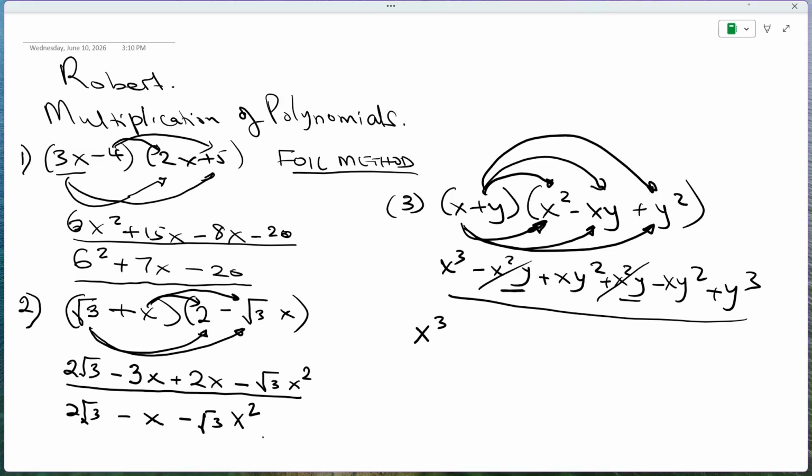And then we have plus xy squared and minus xy squared, so these two also cancel when we add them together. And then in the end, we have our positive y cubed. And so this becomes our final answer.